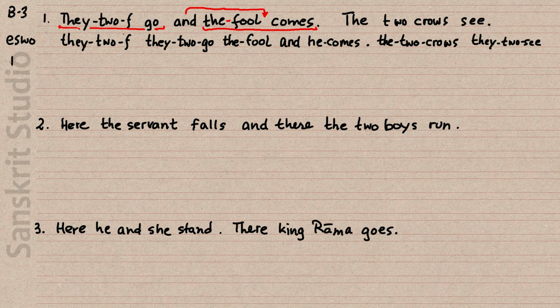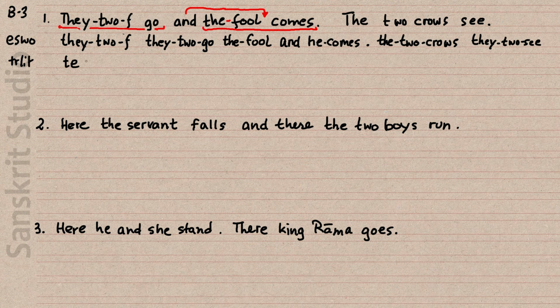Okay, so we have transliteration coming up. So they two F is a pronoun, and what is that pronoun? It's te. If that were a masculine instead of a feminine pronoun in the dual, that would be tau.